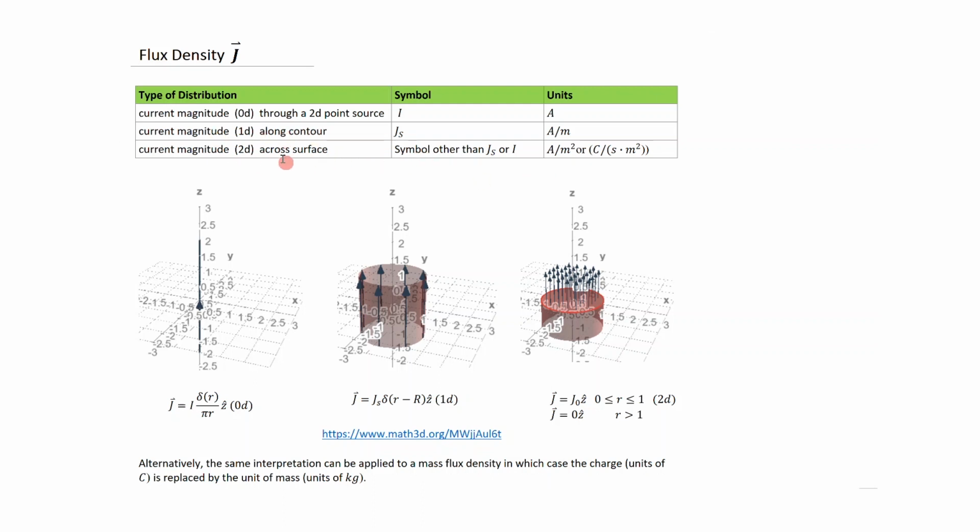In the case of 2D, through a surface, the units are amps per meter squared, or also can be written as coulombs per second per meter squared.